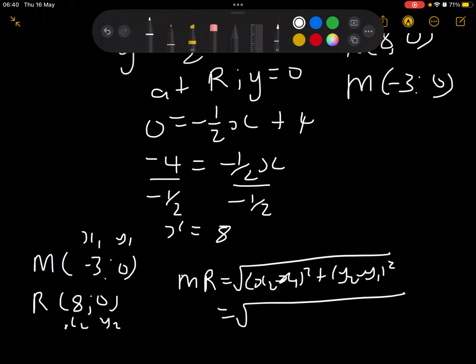Now this is equal to the square root of 8 minus negative 3, all squared, plus 0 minus 0 squared. Then this gives us 11.